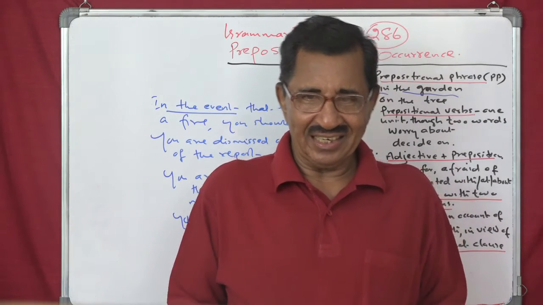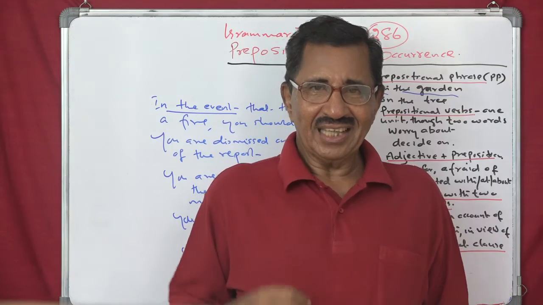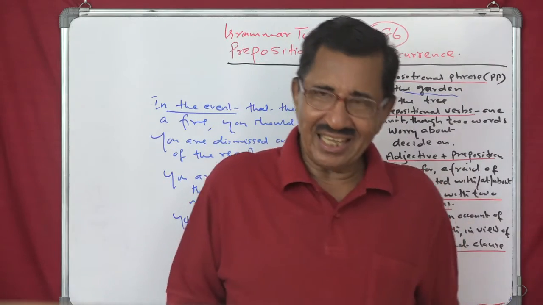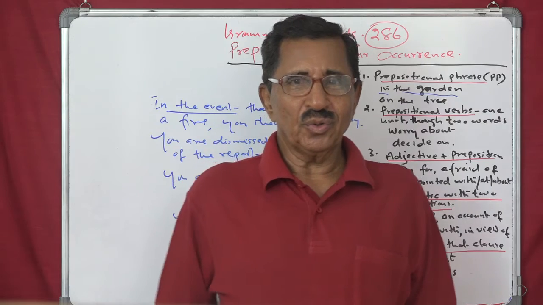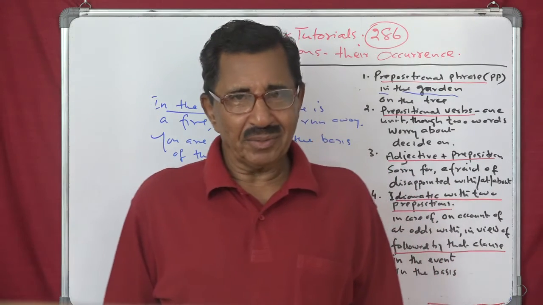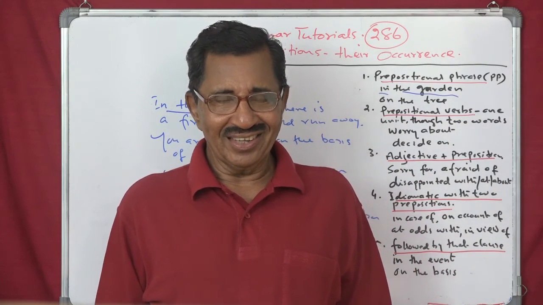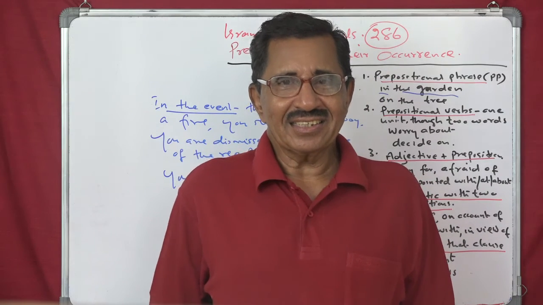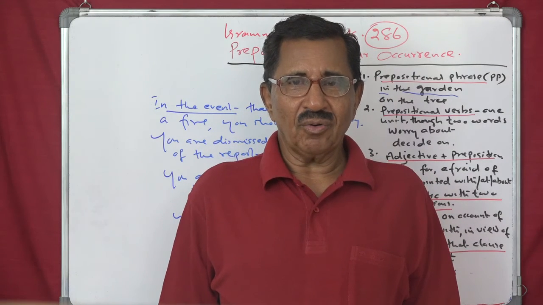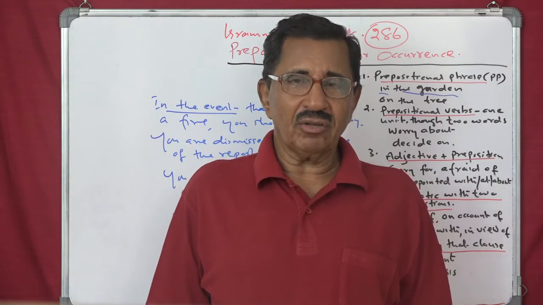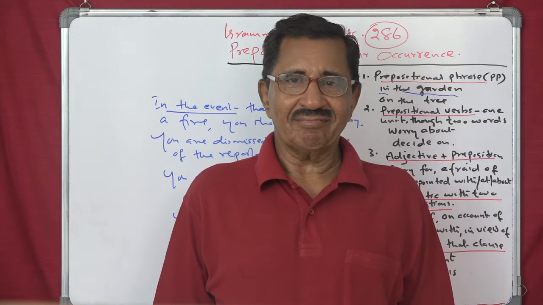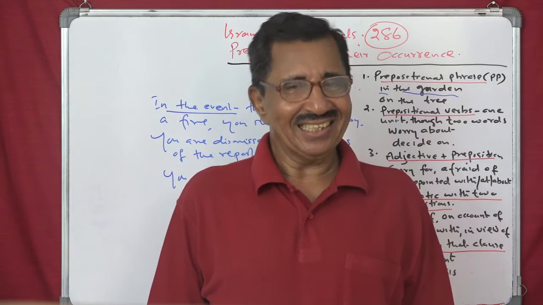So, to the effect that, on account of the fact that. Then you can say, I reject all your requests on the grounds that you have been lying. You have been telling lies.